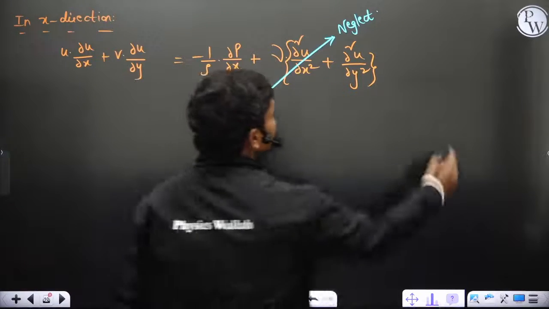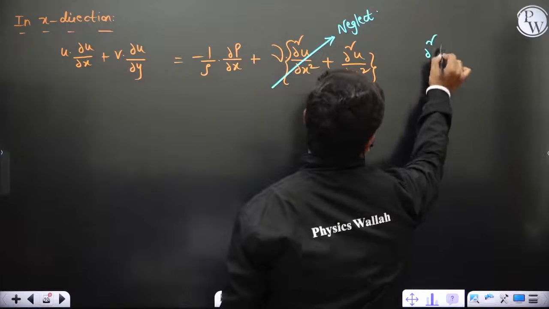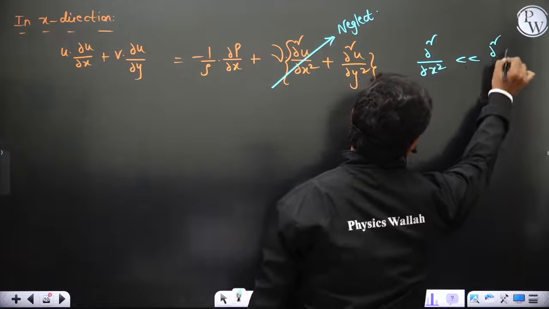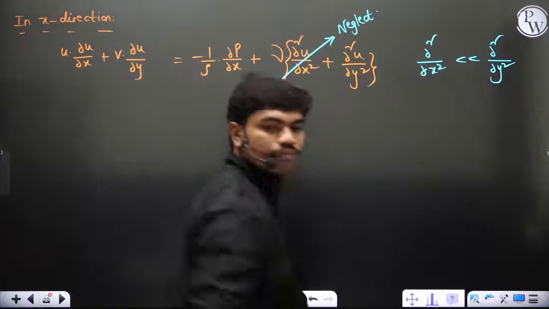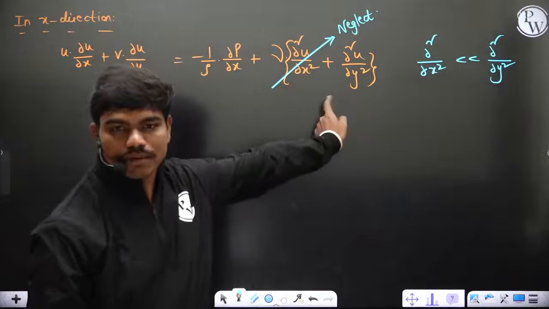Dou square by dou x square is actually very much less as compared to the dou square by dou y square term. Clear? Because of that same logic I am neglecting this term.